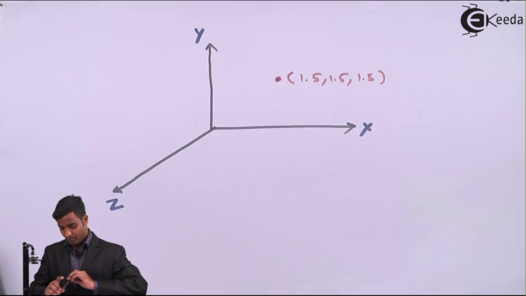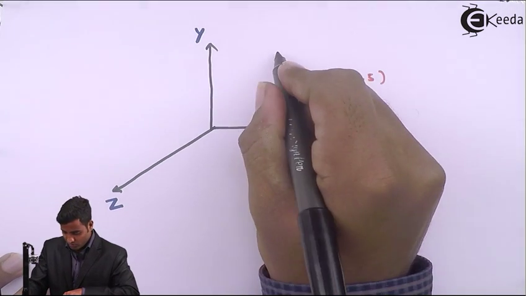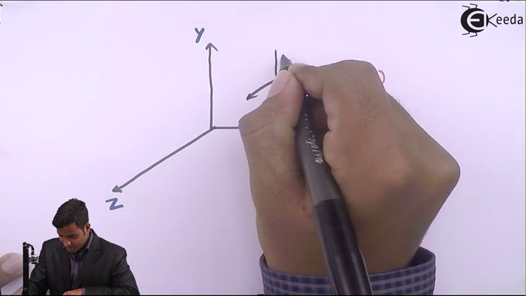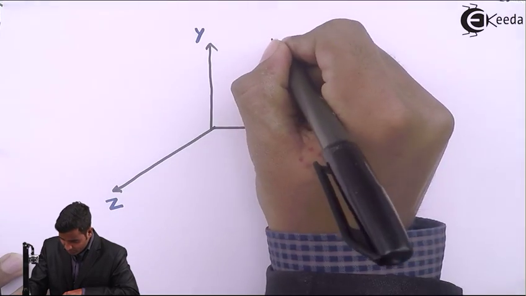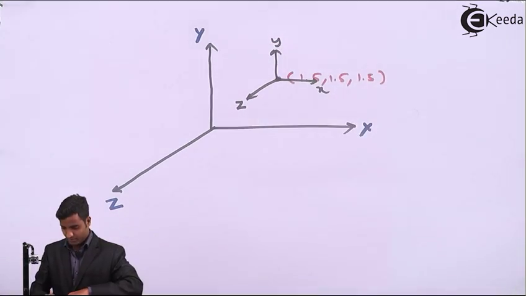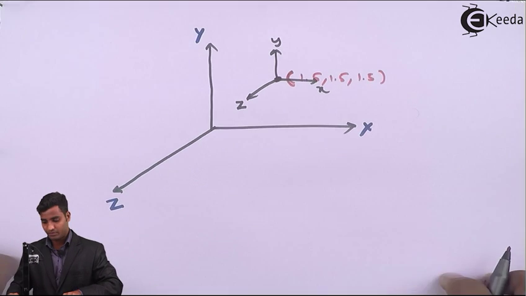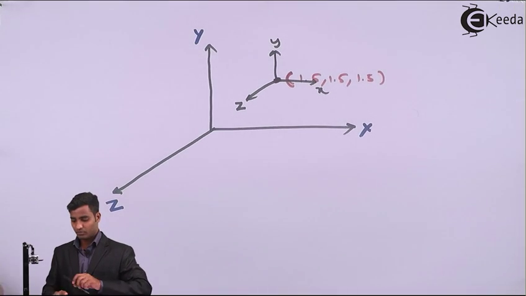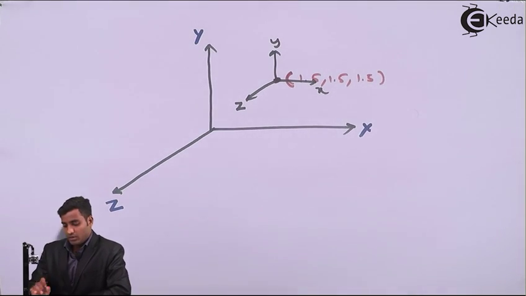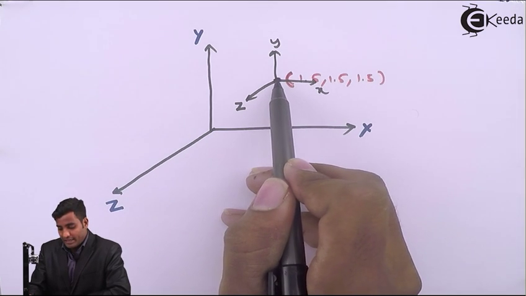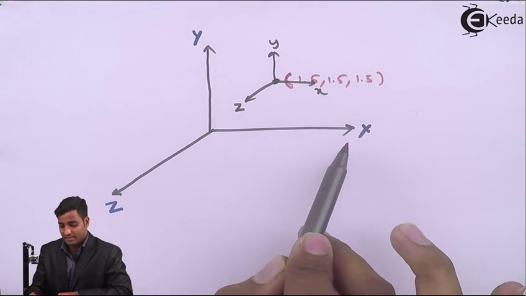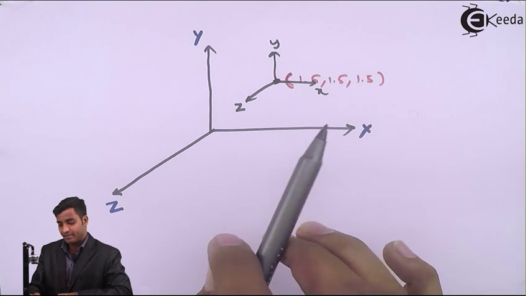This is a 3D point. So it is related to the global axes x, y, z. So this point is to be rotated about this x axis by 30 degrees.